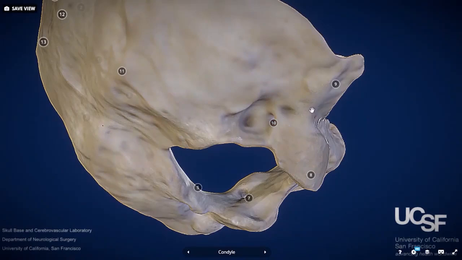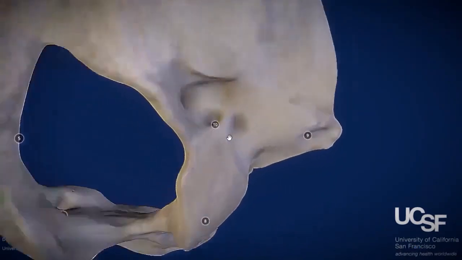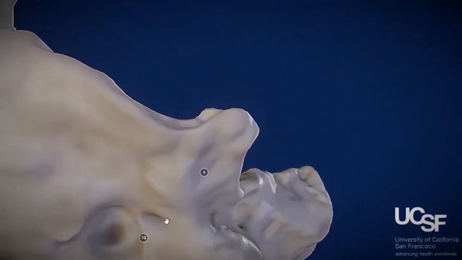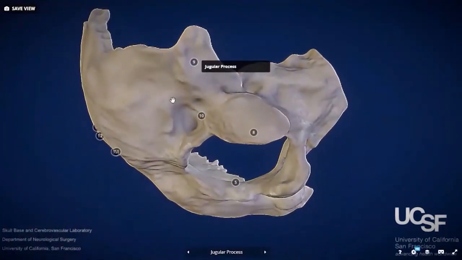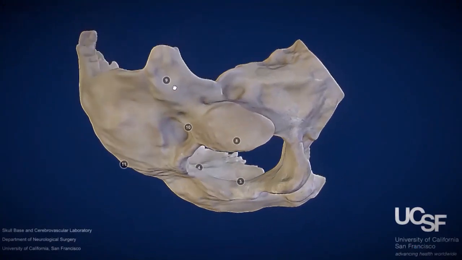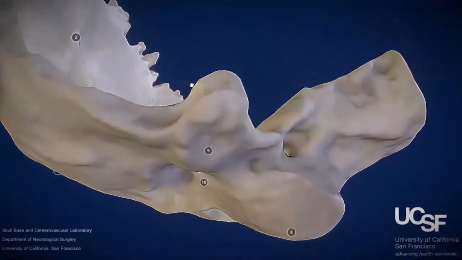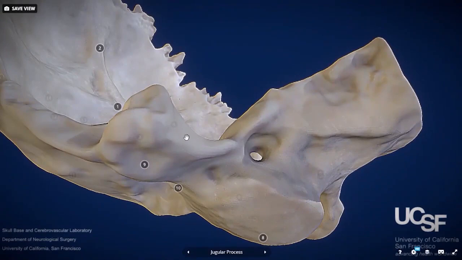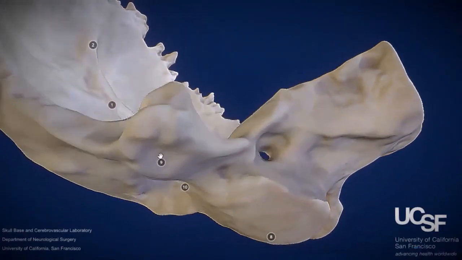Posteriorly, what we see here is the condyloid canal, which is the place through which one of the emissary veins is going to be traveling. And as previously mentioned, on the lateral region, we're going to find the jugular process that in its anterior segment is going to have the anterior notch, which is the posterior portion of the jugular foramen.